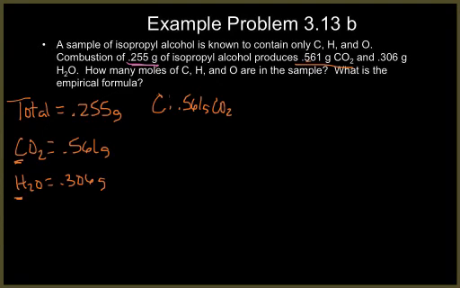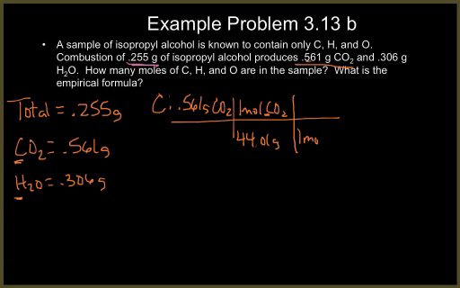So first step here is to convert that to moles of CO2. So 1 mole of CO2 is 44.01 grams of CO2. Then once I'm in moles of CO2, now I can get to moles of carbon using the ratio within that formula. So for every 1 mole of CO2, I have 1 mole of carbon.